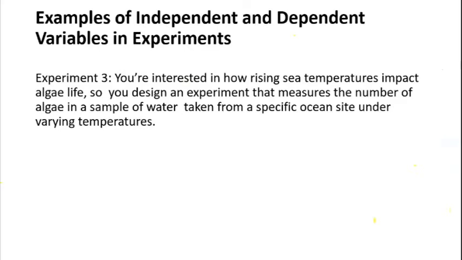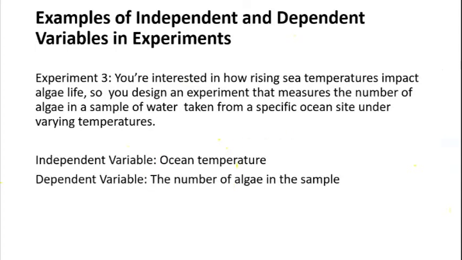Okay, so our objective is to determine the number of algae in a sample of water. So that is our expected output. And what would be the input? These are your ocean water temperatures. Okay, so different ocean water temperatures. So our independent variable is the ocean temperature, and our dependent variable will be the number of algae in the sample.